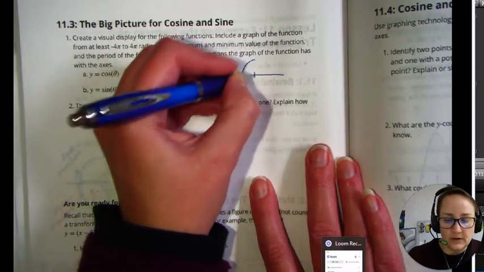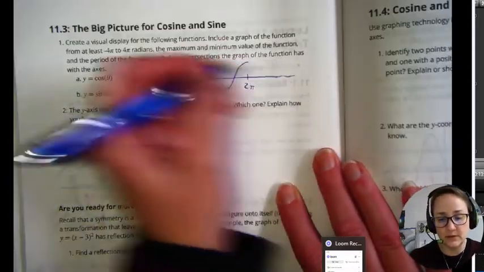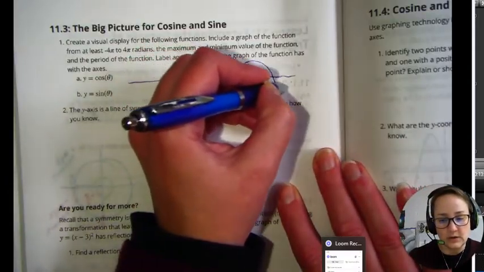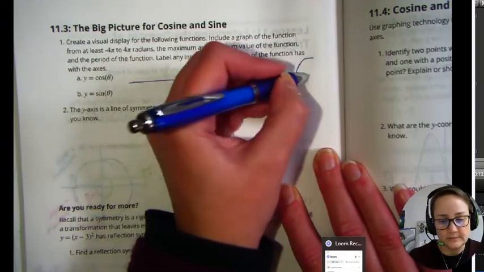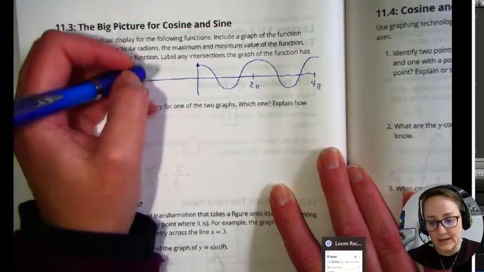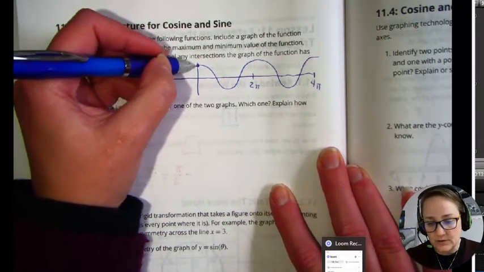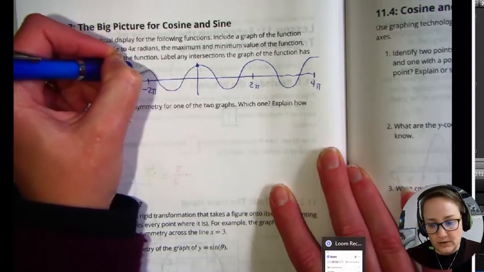We've done it here now to 2 pi. And then in lesson 10, we saw that we could also continue this to 4 pi. But now it's also saying we can have negative angle measures. It's going to continue that graph.